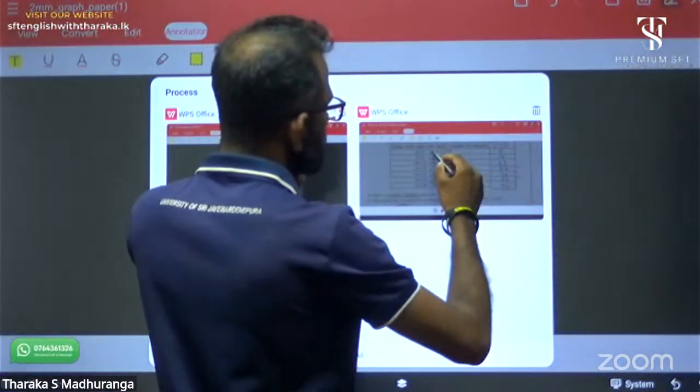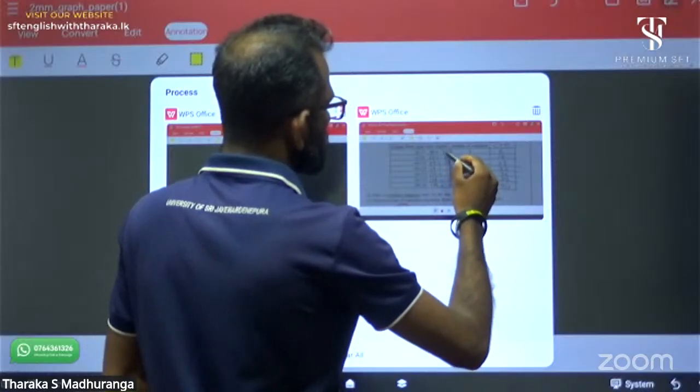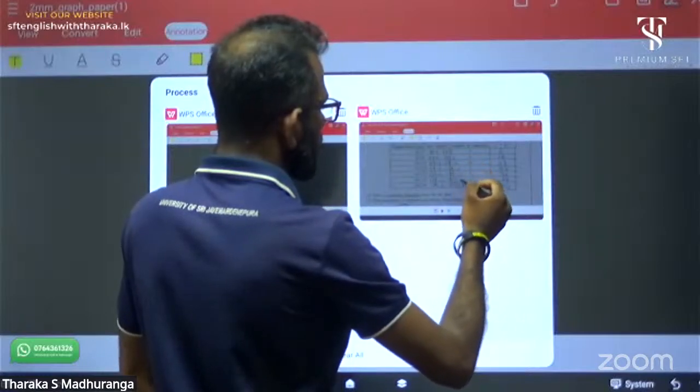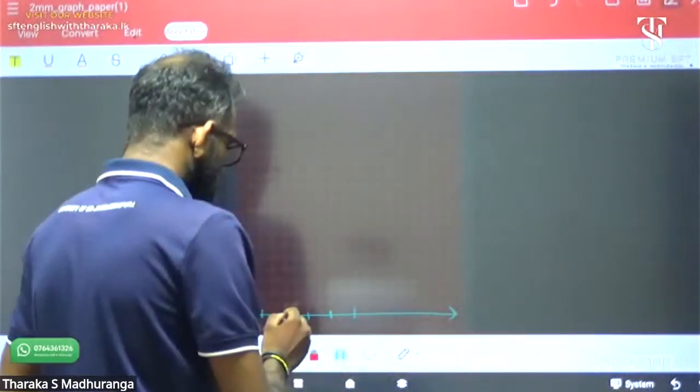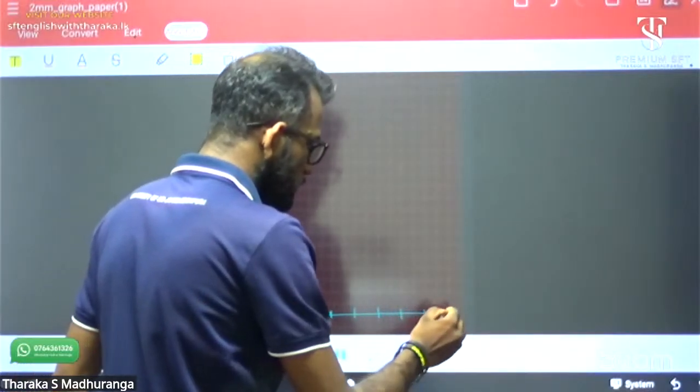On the axis you have to get 1, 2, 3, 4, 5, 6, 7, 8, 9 divisions.